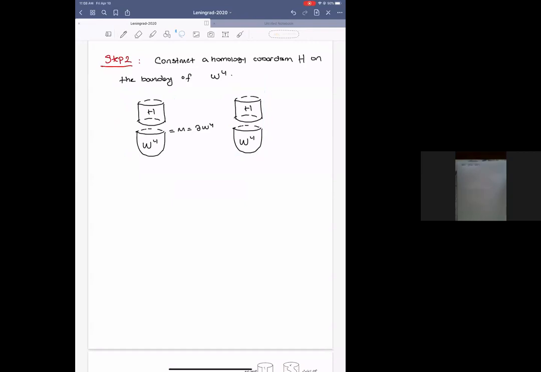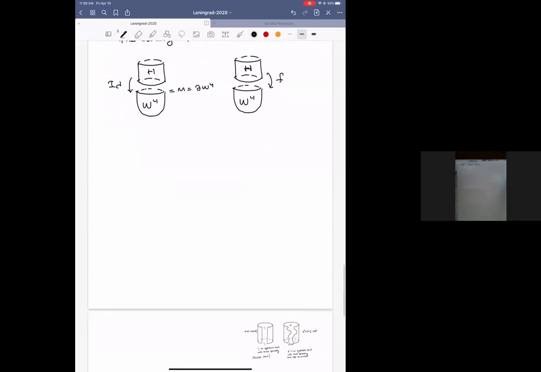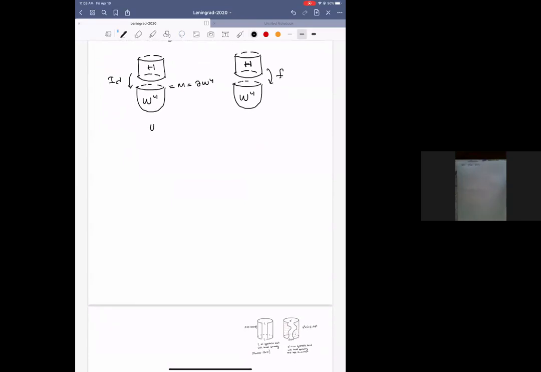If you glue this piece by identity, this piece by this particular F. That looks magical right now, but it's going to be clear soon because H is something very nice. Let's say this manifold is W1, this manifold is W2, and those are not diffeomorphic anymore. And moreover, both are Stein.